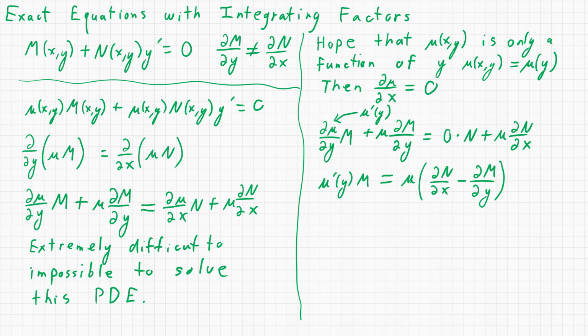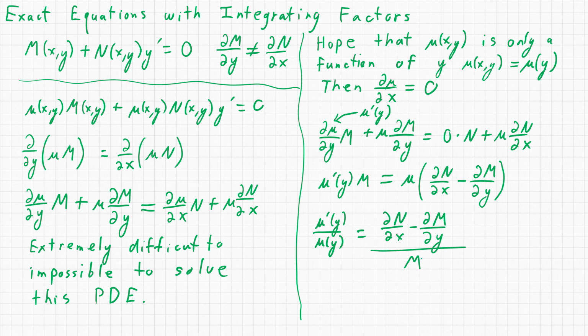Then I'm going to divide by the mu and the Mars functions. So now I'll end up with mu prime of y over mu of y is the same as partial Neptune partial x minus partial Mars partial y, all over the Mars function.